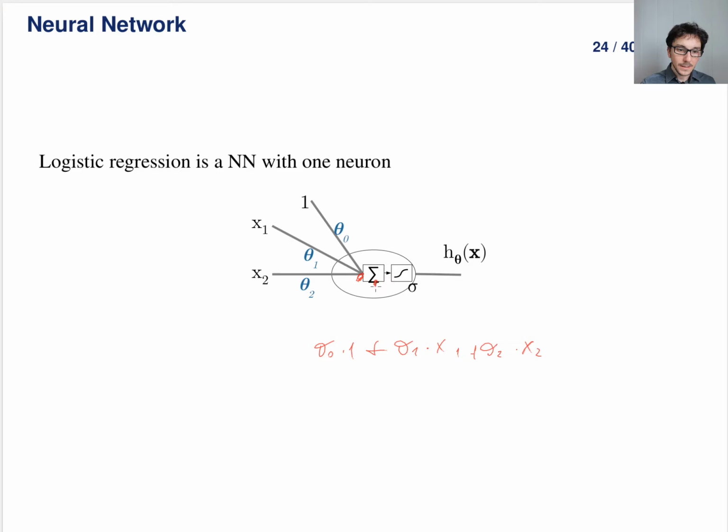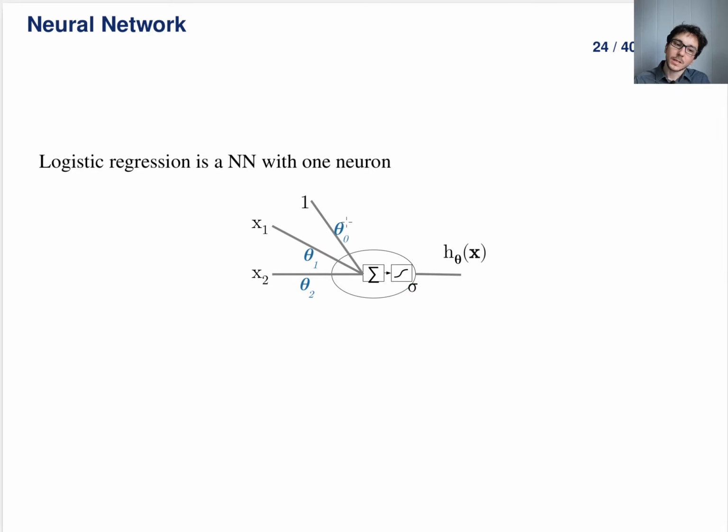This means that we are summing all these multiplications, and finally we apply a sigmoid. And what we have is our approximation function.